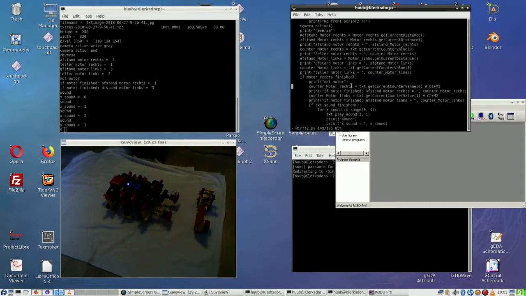So let's get that to work. These two, and this is not right, because this is not a real distance, this is counter. Let's keep it Dutch.